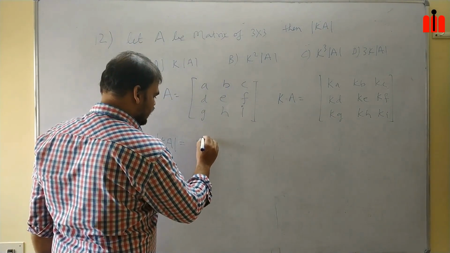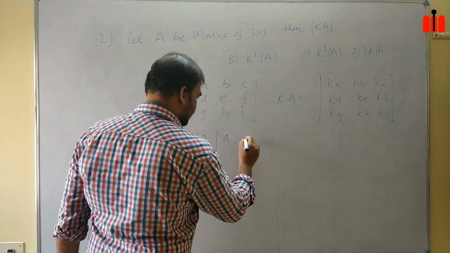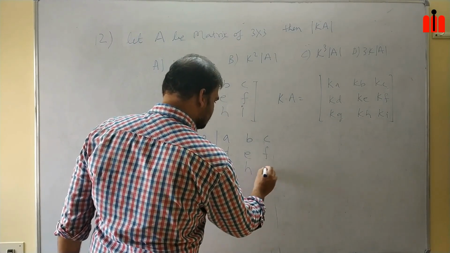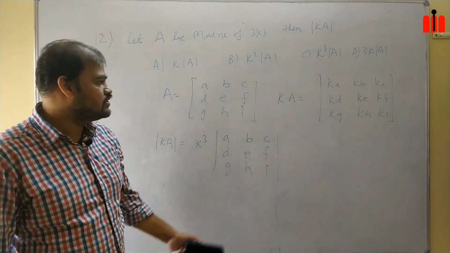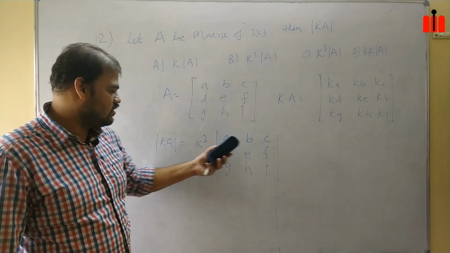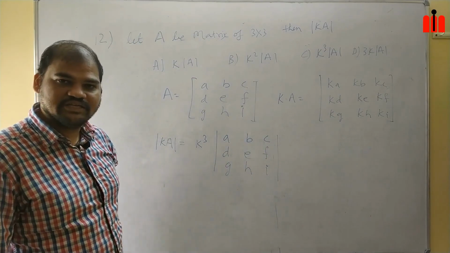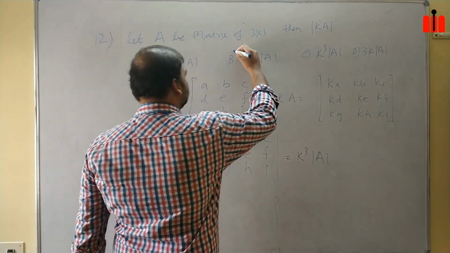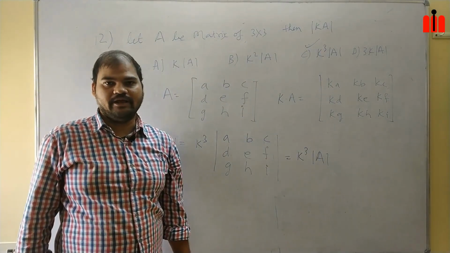So you will get k cube, three times k is coming, 1, 2, 3, times the determinant a, b, c, d, e, f, g, h, i, which is the original matrix A. So once we take k common from each and every row, it will become k cube times the determinant of A. So option C is our answer, which is k cube times determinant A.